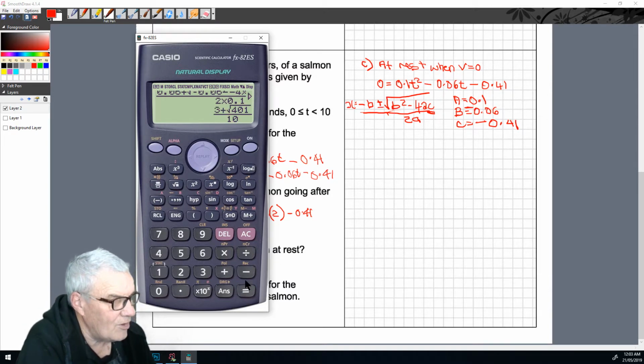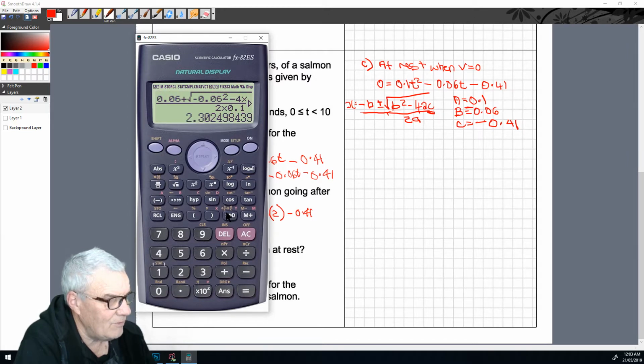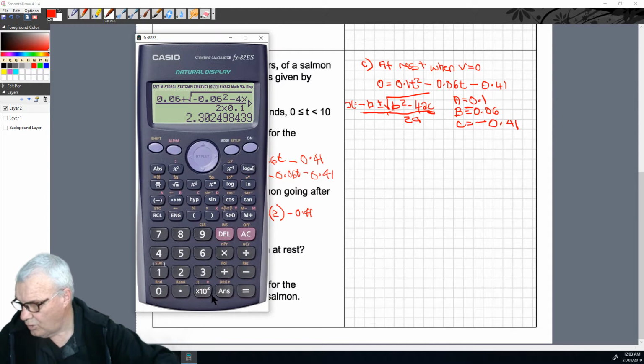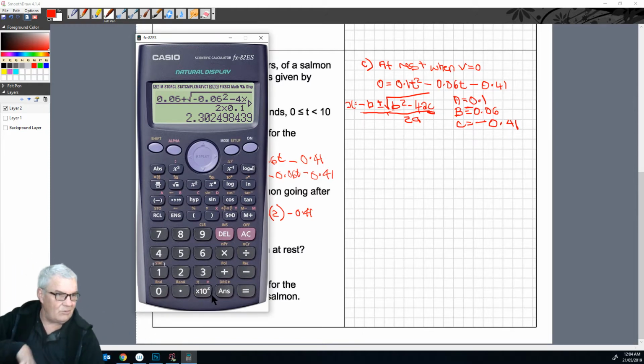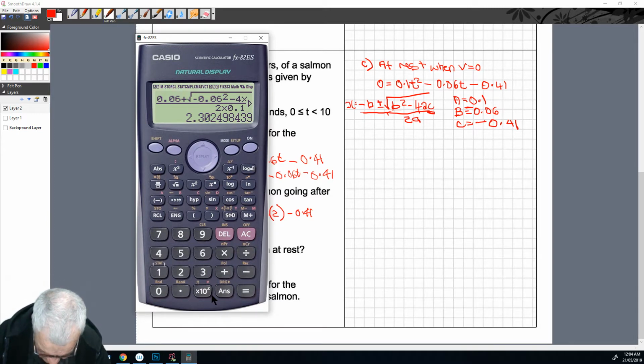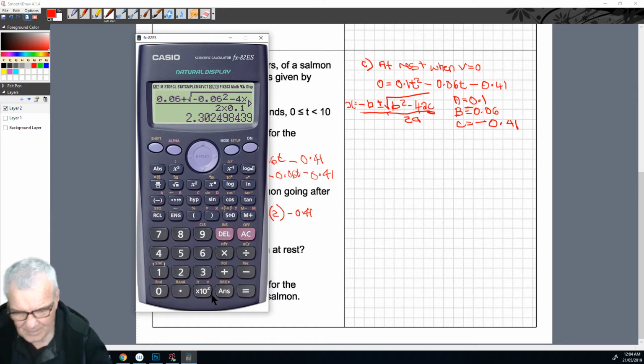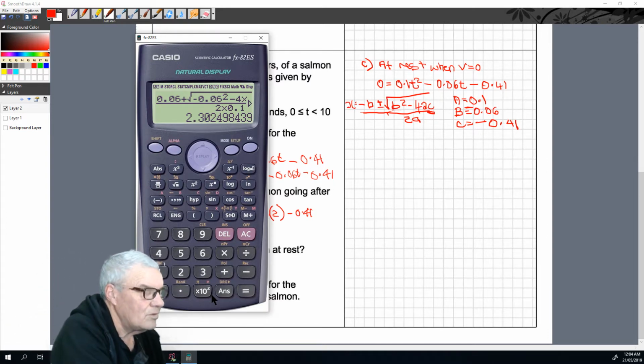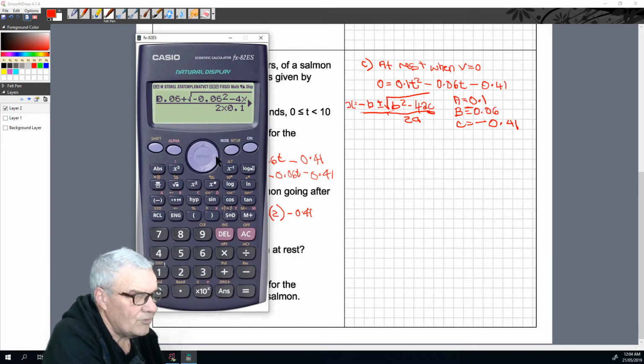Let's push equals. And we get 2.302. Now that does not quite seem exactly like what I was expecting, so I'm just going to check some other notes that I made here. Four times.